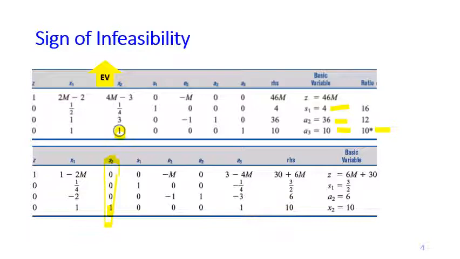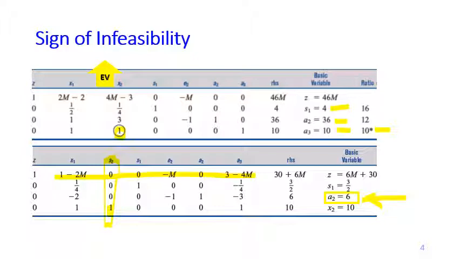Now looking at the table again, the BFS on the bottom table, you see that for the minimization problem, this table looks already optimal because in row 0 you do not see any coefficient that is positive. So this table is already optimal from the point of view of minimization. However, you notice that there is an artificial variable that shows up in the optimal table, which means that in your optimal solution, you still have something artificial.